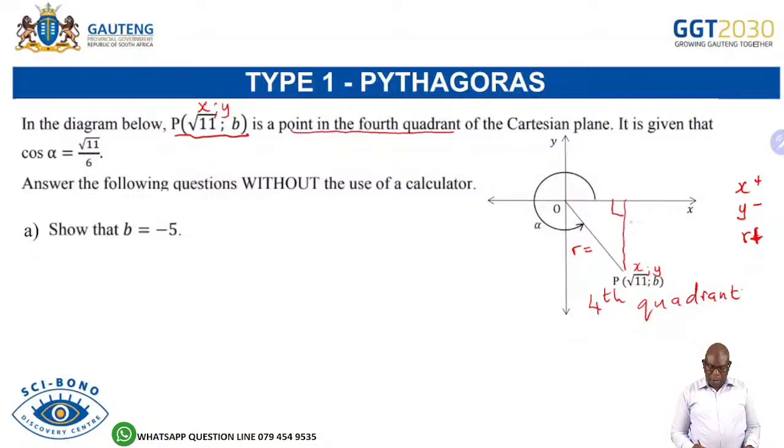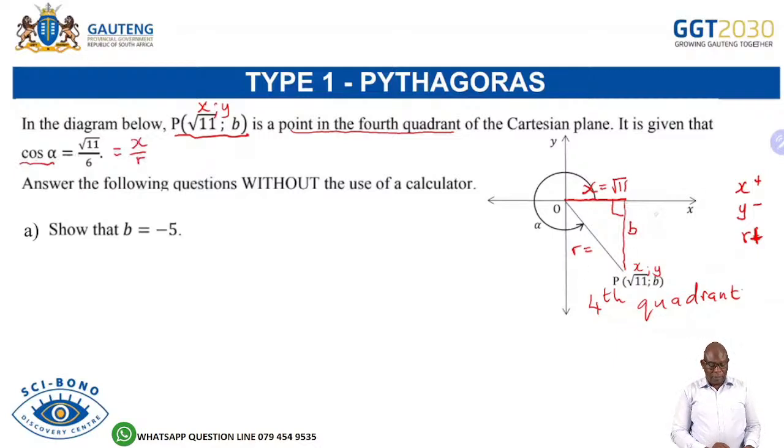I know my y is b, and my x value is the square root of 11, but I don't know what my b and my r are. But when I look at what is given here, cos alpha is the square root of 11 over 6, which means that cos, as I know it, is x over r, if I've got a sketch like this in a Cartesian plane.